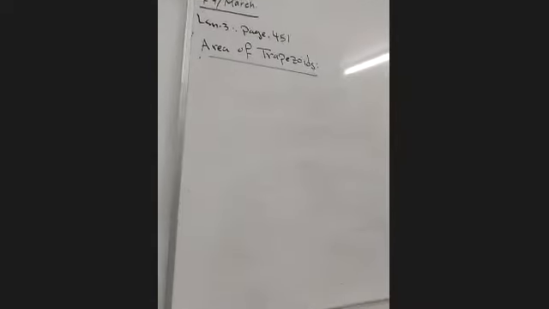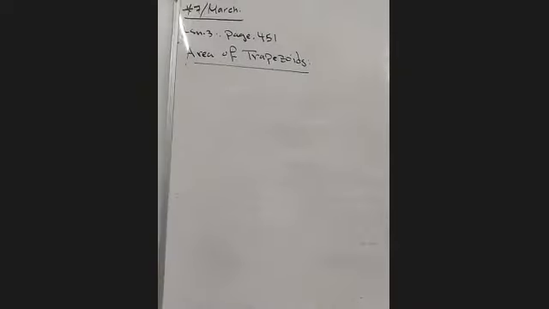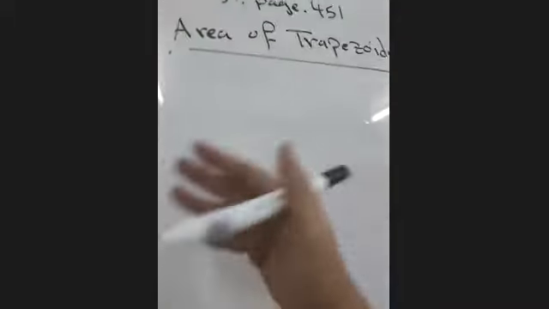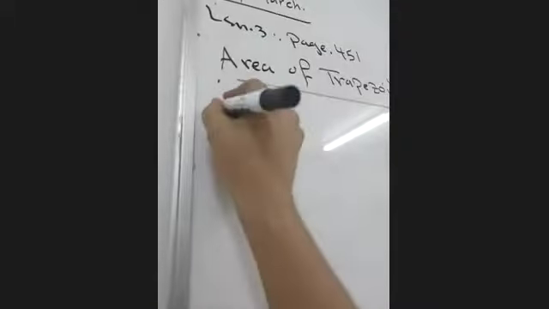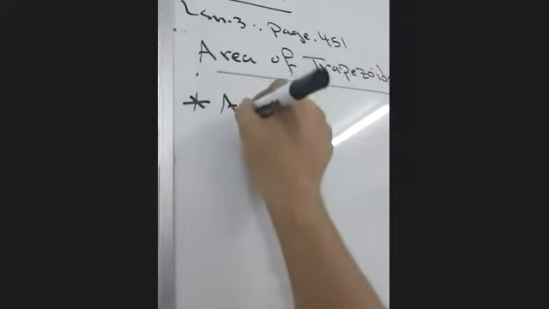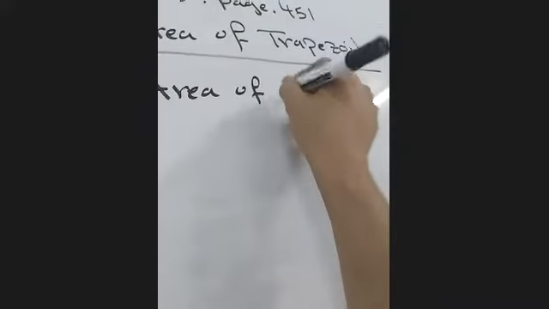Right. Now let's go to our lesson, how to find the area of a trapezoid. Before we go to our lesson, guys, the area of a trapezoid, let's remember what we did until now. The first area we took is the area of parallelograms.